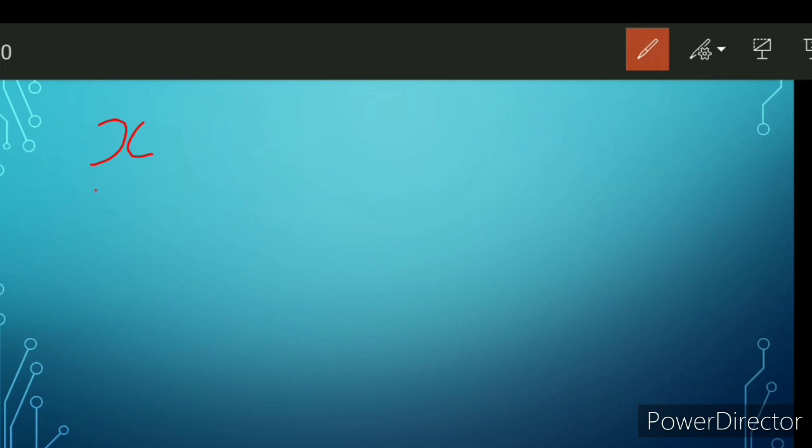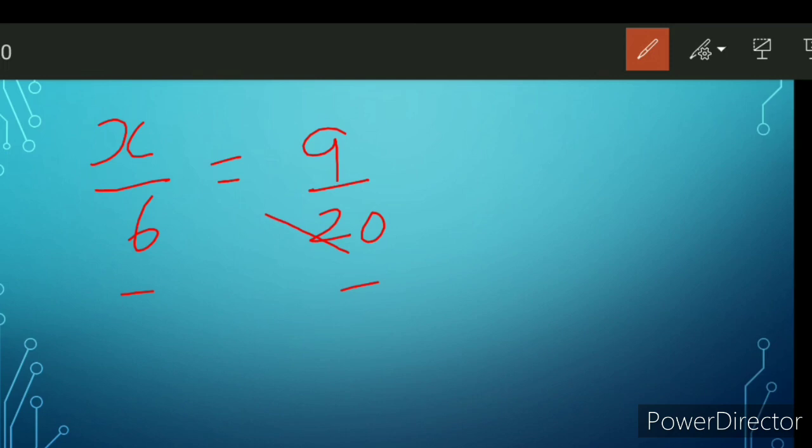1x, I am going to write x by 6 is equal to 9 by 20. Right? Now both sides we have one fraction. We should do cross multiplication again. If we have an equal sign with a fraction on both sides, we should use this method, cross multiplication.